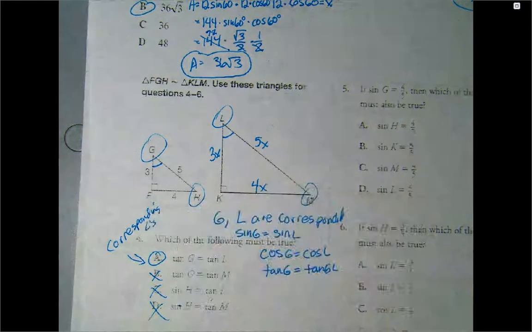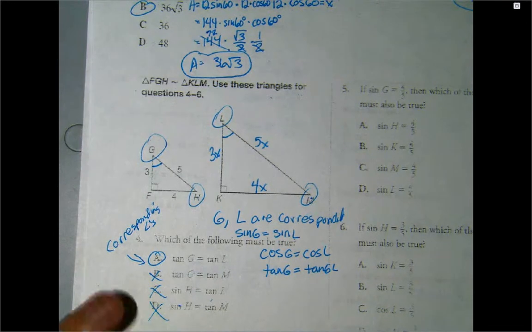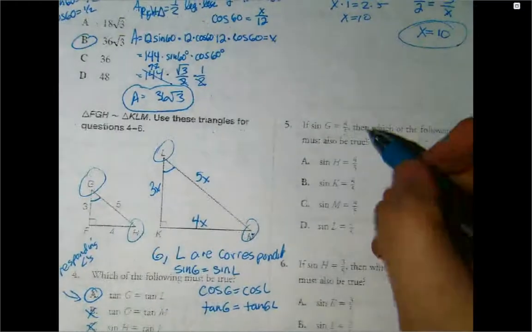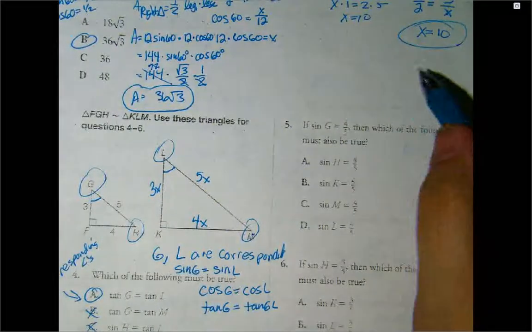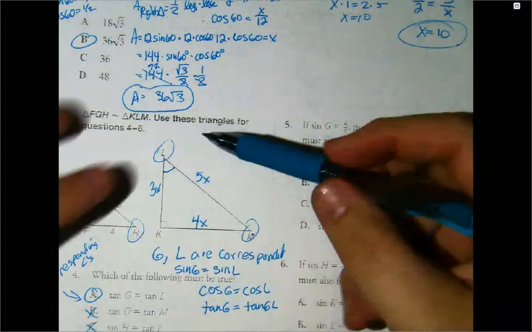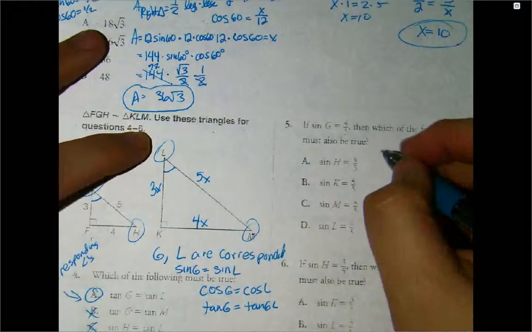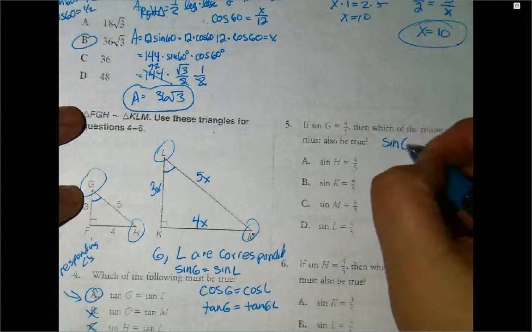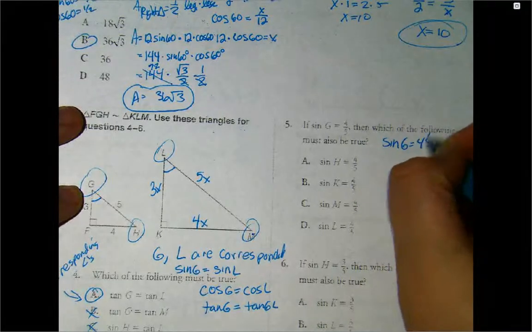Alright, so now it says, if the sine of G is 4/5, one thing I know for a fact is that the sine of L should be 4/5, because G and L are corresponding angles.